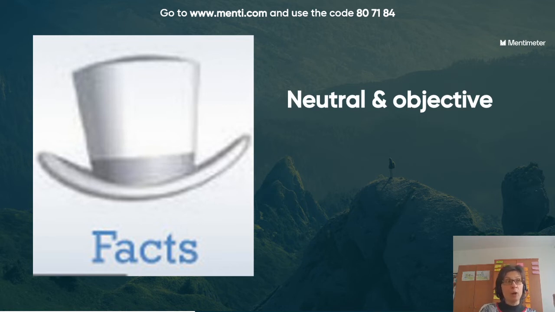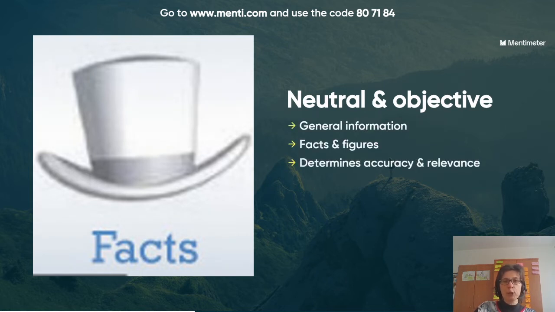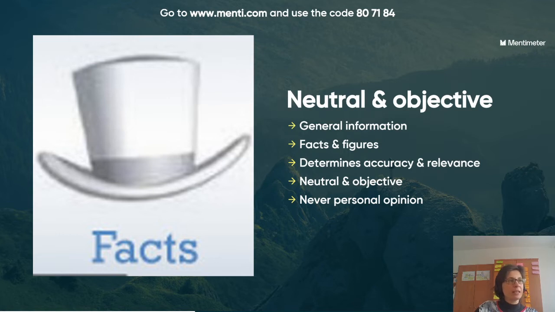So if you put on your white hat, then you are neutral and objective. No colors, no emotions, just the facts. General information, facts and figures, determining accuracy and relevance. Neutral and objective. This is what you need to be like. You never express your personal opinion, just the general information matters and other points of view.